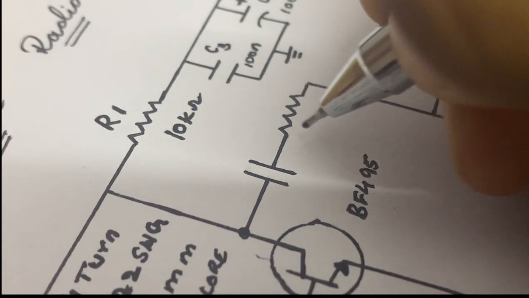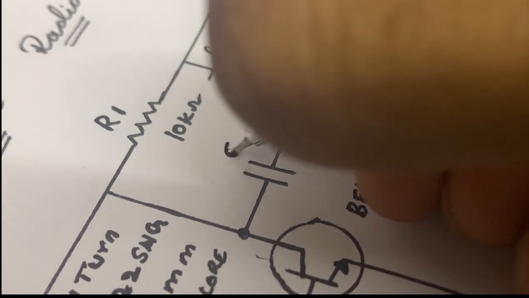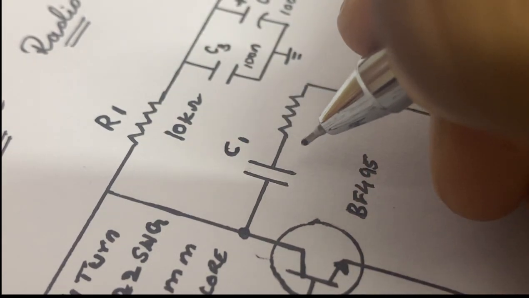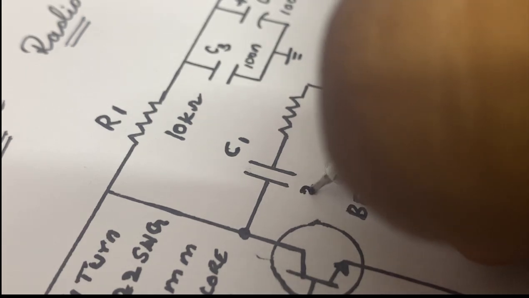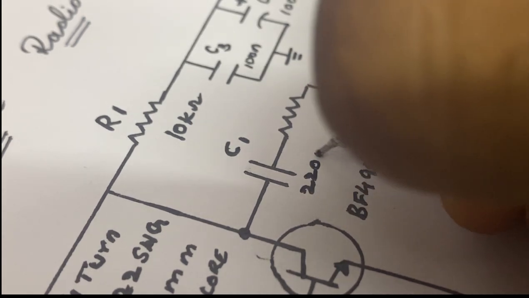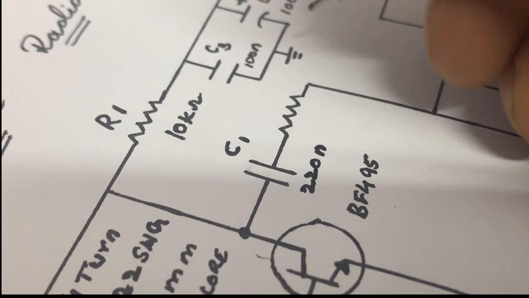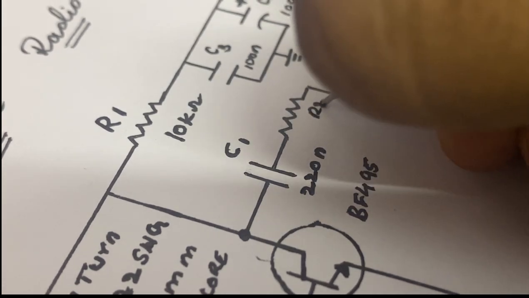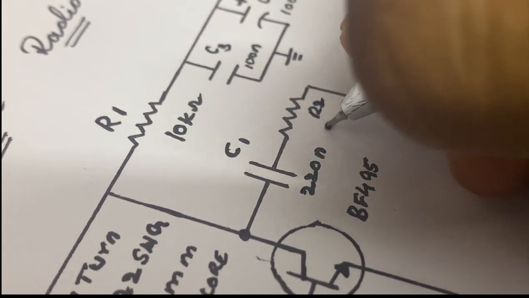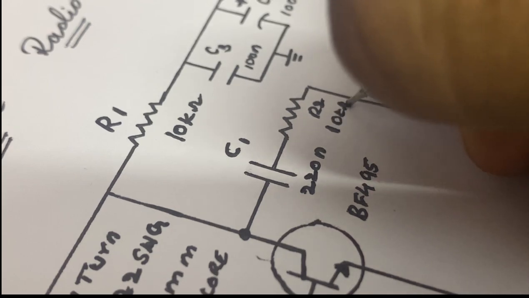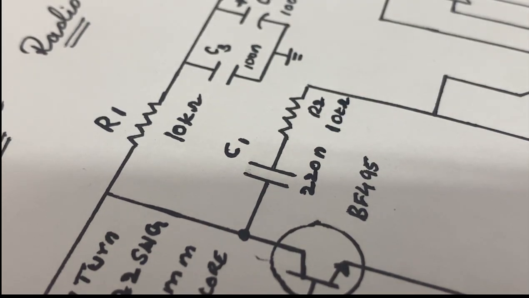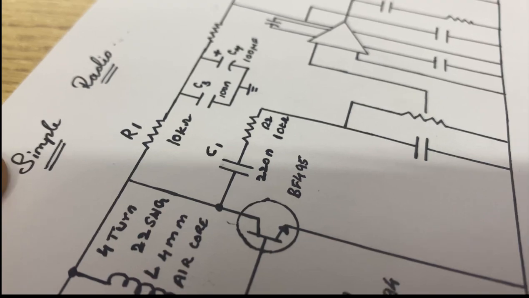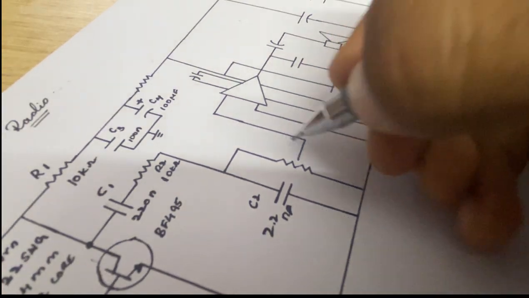The output of transistor BF495, which contains the signal information, is given to LM386 amplifier IC. It's an audio amplifier IC with a coupling capacitor of 220 nanofarad along with a 10k ohm resistor to limit the signal.